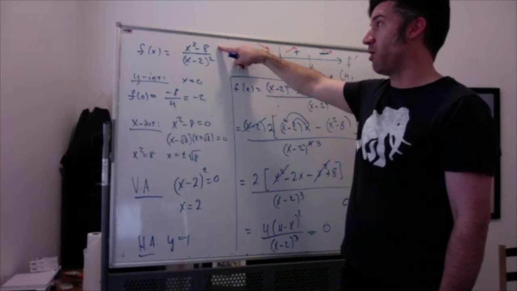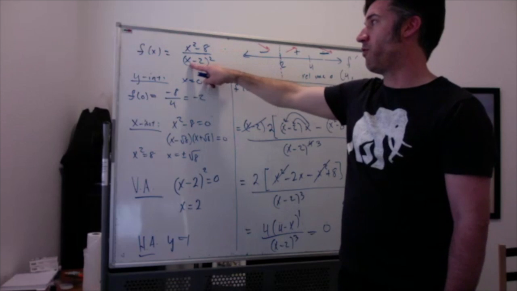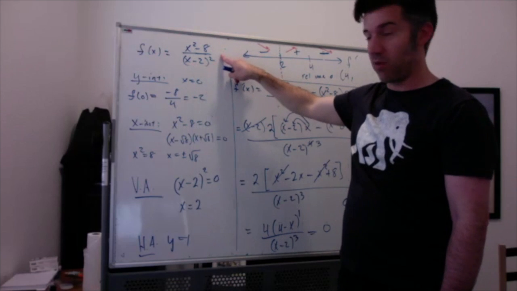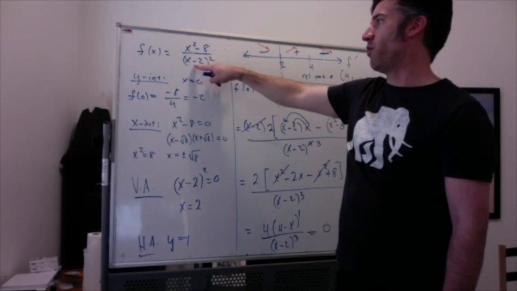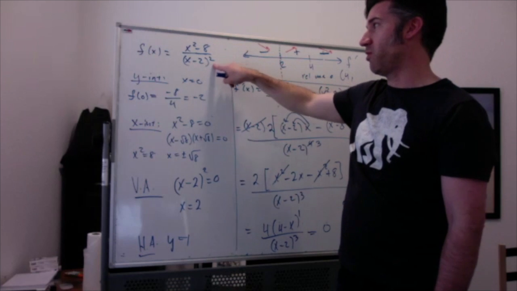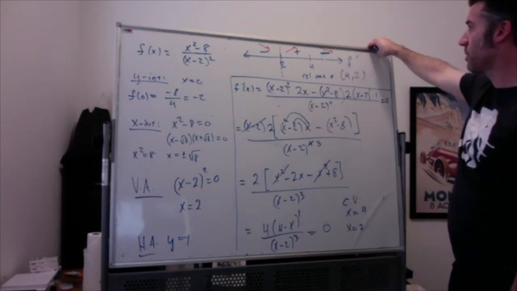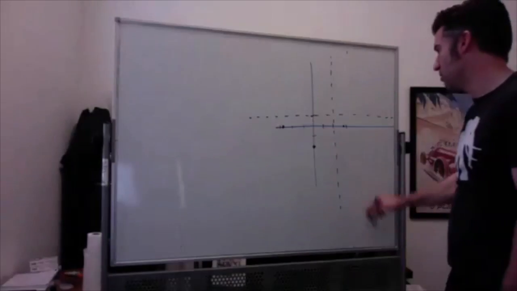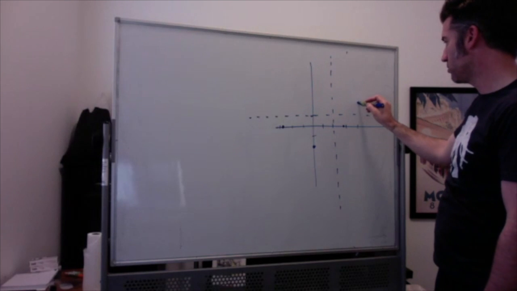If I plug in 4, I get 16 minus 8, which is 8, over 4 minus 2 squared, which is 4. And check that again. 16 minus 8 is 8. 4 minus 2 is 2. 2 squared is 4. 8 over 4 is 2. So I have a relative maximum at 4, 2.